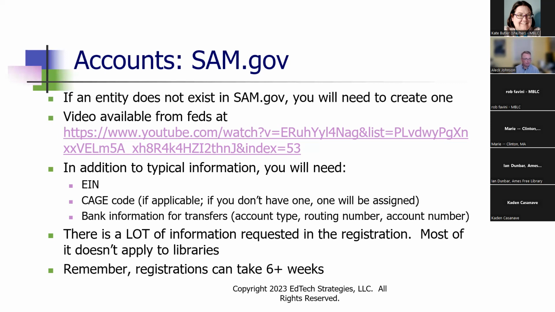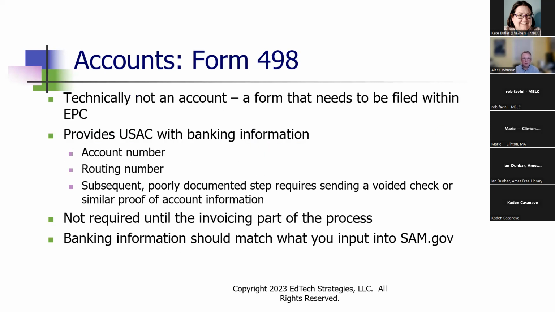All right. I promise you we're almost at the end. I want to talk about one more account that I've called it, which isn't really an account, it's actually a form. It's the Form 498, which you will also file at some point within EPC. The Form 498 is where USAC requests your banking information, and we'll cover this in a subsequent training.